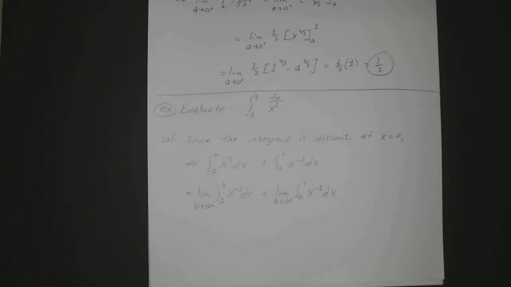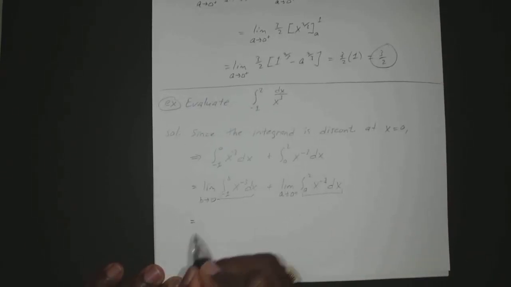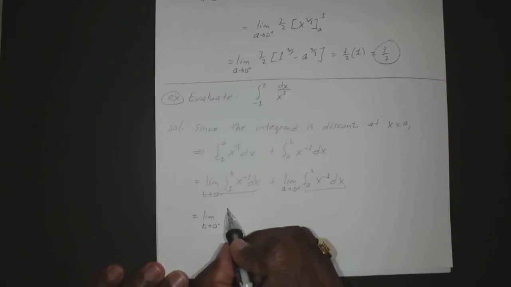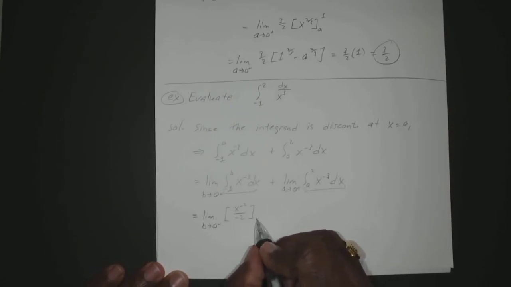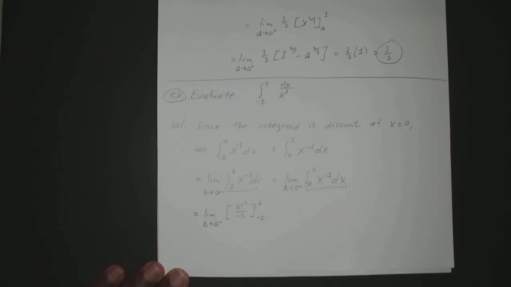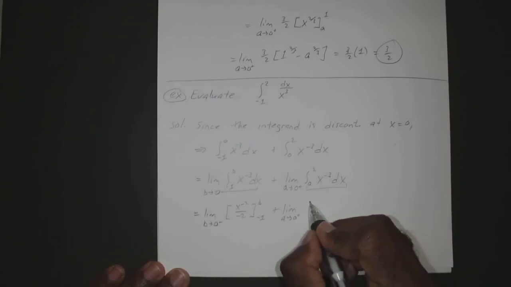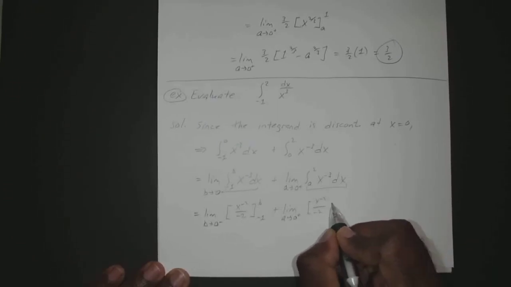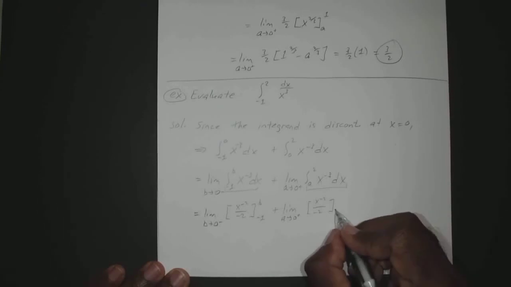Okay. So once we have it all set up, we just integrate, which is easy because they both give you the same integration until you start to plug stuff in. So b approaches 0 from the left, and this is x to the -2 over -2 from -1 to b, plus the limit as a approaches 0 from the right, again x to the -2 over -2, but in this case from a to 2.